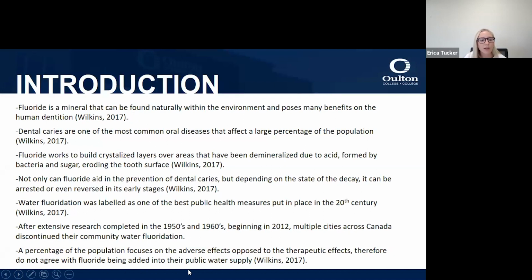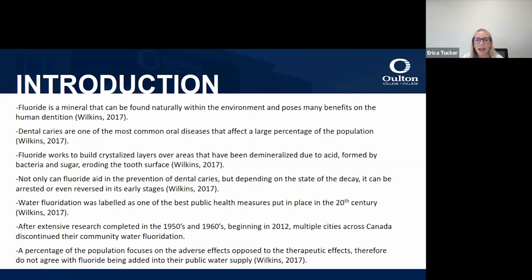So as we know, fluoride is a mineral that we can find naturally within the environment, and this has many benefits on our dentition. Dental caries are one of the most common oral diseases that affect a large amount of the population, and fluoride works to build a crystallized layer over a demineralized area.